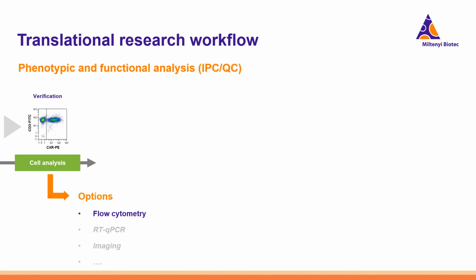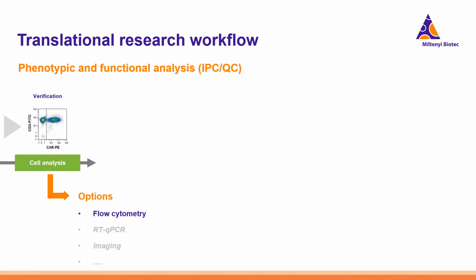Now I would like to take a look at the last step of the workflow, the phenotypic and functional analysis. In a clinical, manufacturing setting, this is then the in-process control, IPC, and quality control, QC, but of course you also do it in a research setting, where it's not named IPC, QC, but it's basically the same.